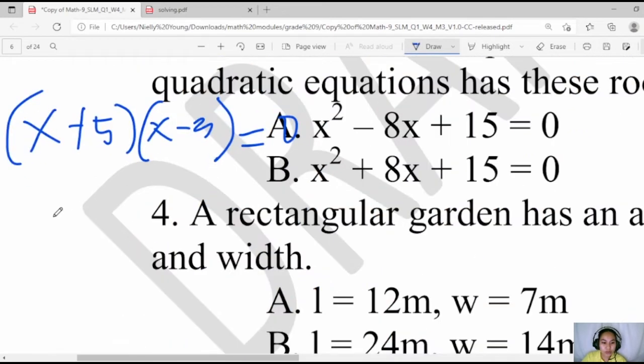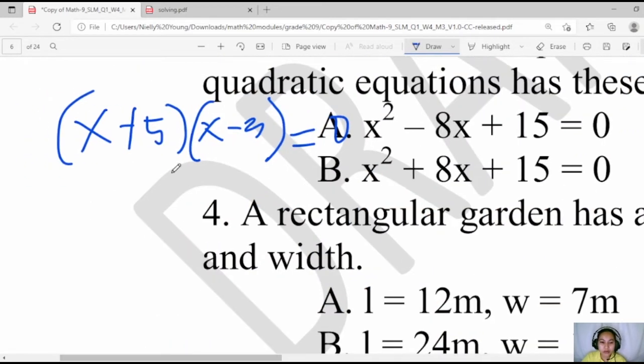Okay, so apply the FOIL method. First is x times x, x squared. Outer, x times negative 3, negative 3x. Inner, 5 times x, positive 5x. And then the last, 5 times negative 3, negative 15, equals 0.